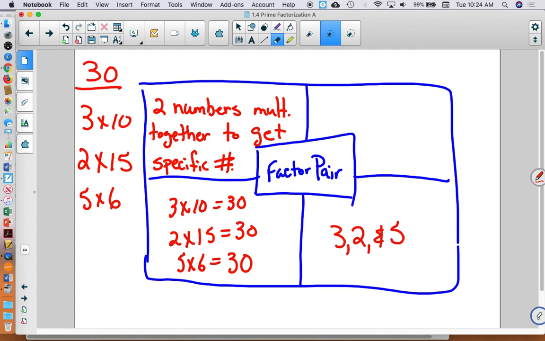No, they're not factor pairs. They are just factors. They're all factors, but they're not factor pairs. Oh yeah, I could throw 1 in there too.